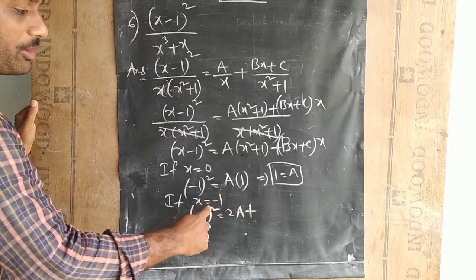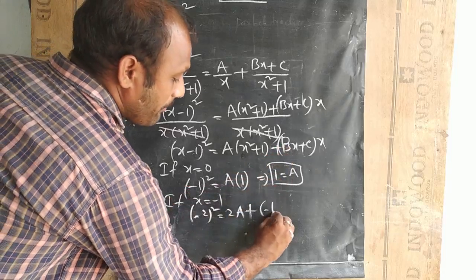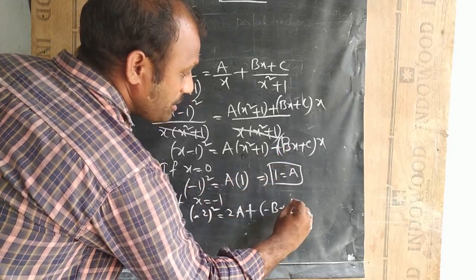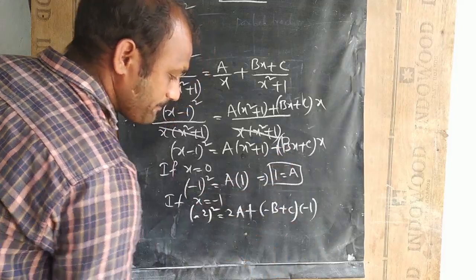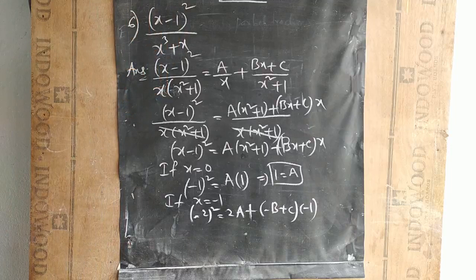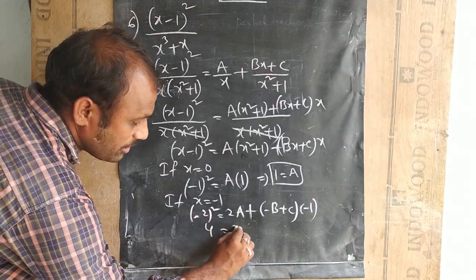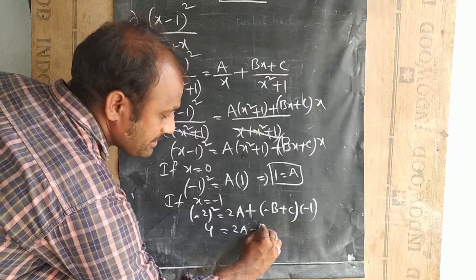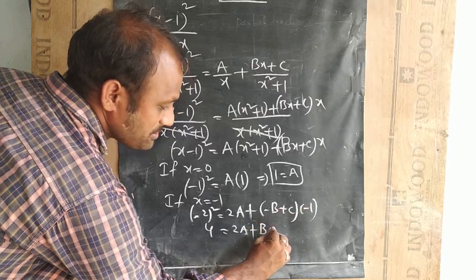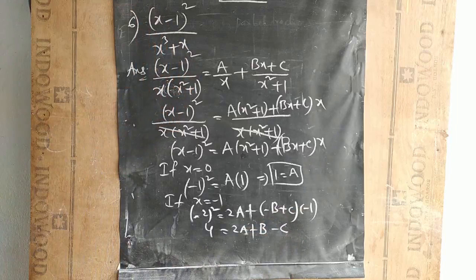Plus b value is minus 1, so it will be minus b, plus c into minus 1. So minus 2 square is 4, equal to 2a minus b, minus into minus is plus, now plus b minus c. So we can substitute the a value as 1 in this.